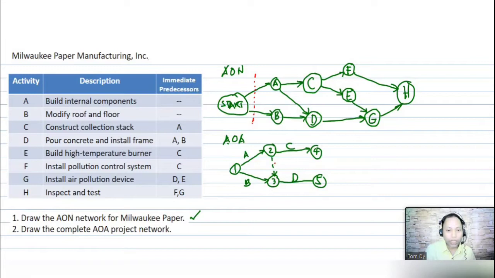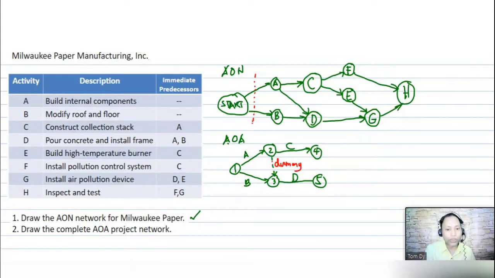We call this arrow a dummy activity. Dummy means empty, which is why we draw a broken line.